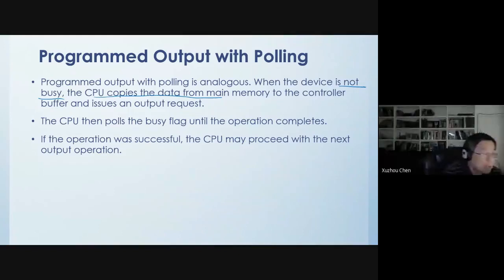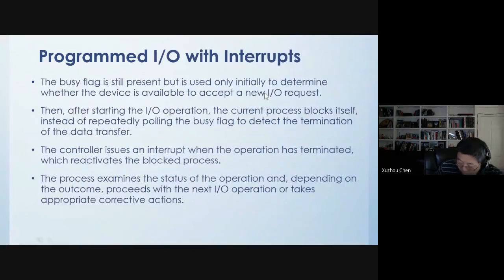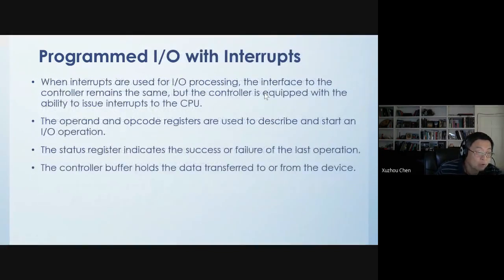So the CPU copies the data from main memory, because it's an output device. What the output device can do is the CPU copies the data from memory into the device buffer.